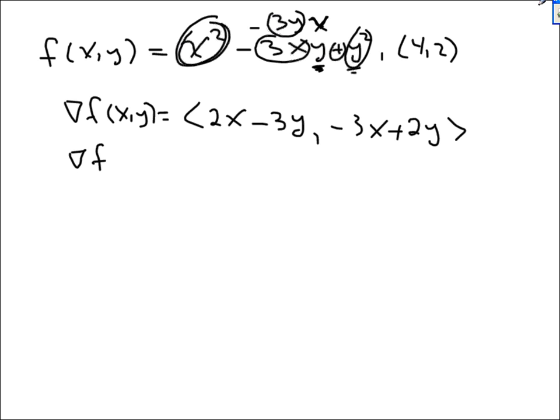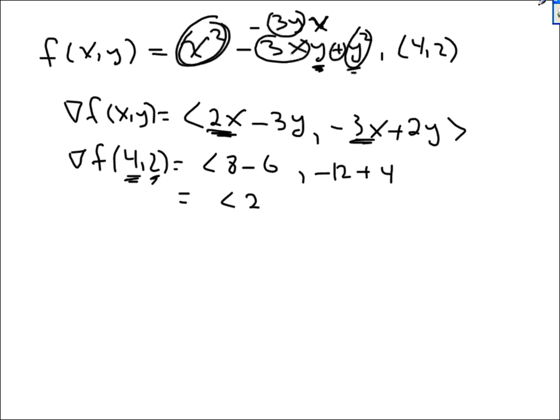So what's the gradient of f at our indicated point? 4, 2. 2 times x is 8, minus 3y is 6, so that's 2. And negative 3 times x, x is 4, that's negative 12, plus 2 times 2, which is 4.